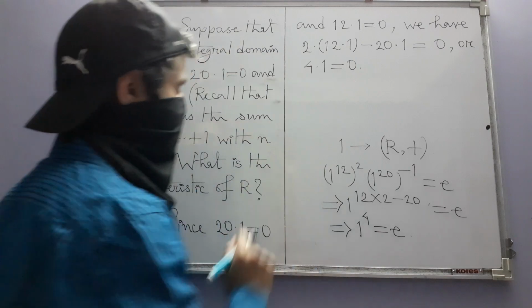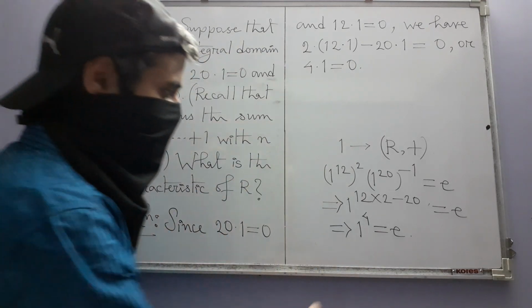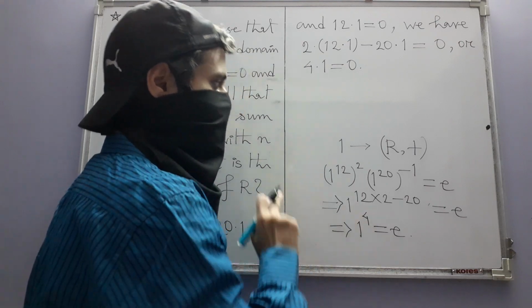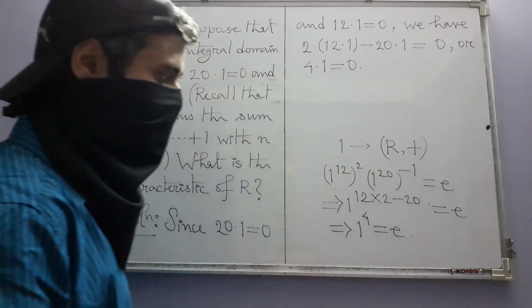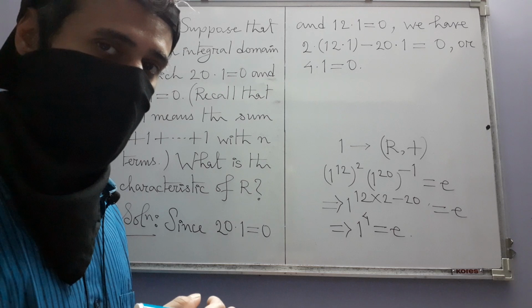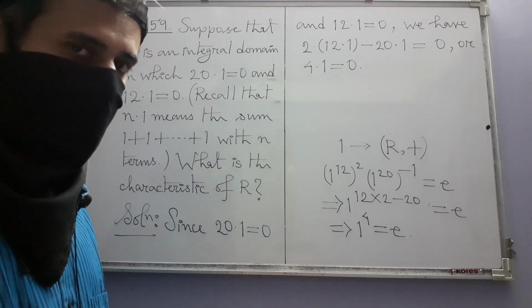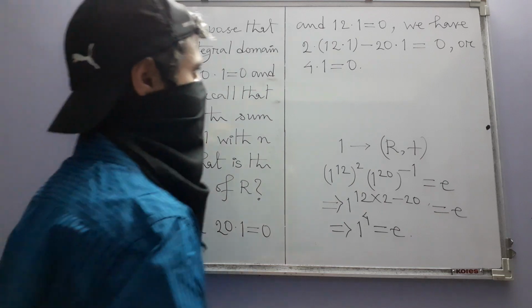Now, from this, what we see is that the additive order of 1 in this group has to divide the exponent. This is one of the properties that we already know from group theory.